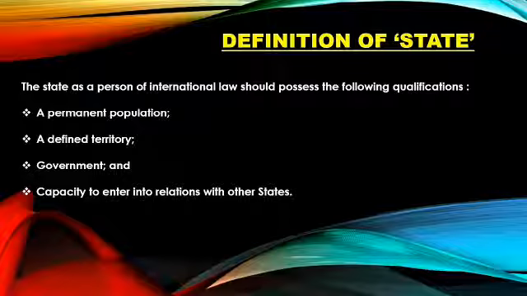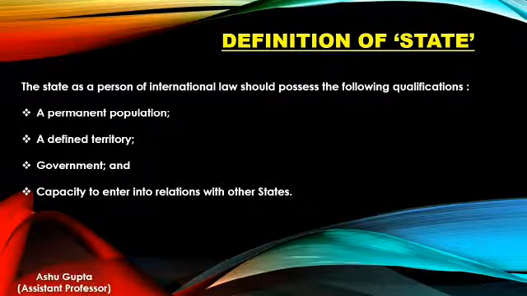And the existence of an effective government assures the internal stability of the state and its ability to fulfill its international obligations. So that is also an important part and an essential element to become a state or to get statehood at the level of international law.